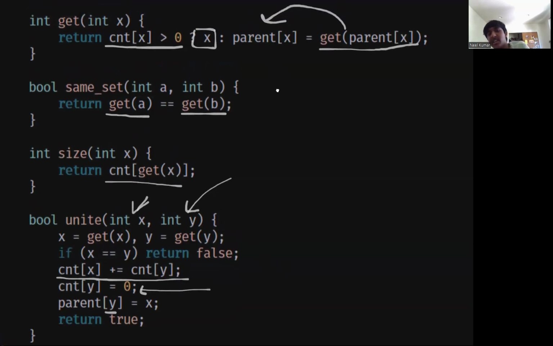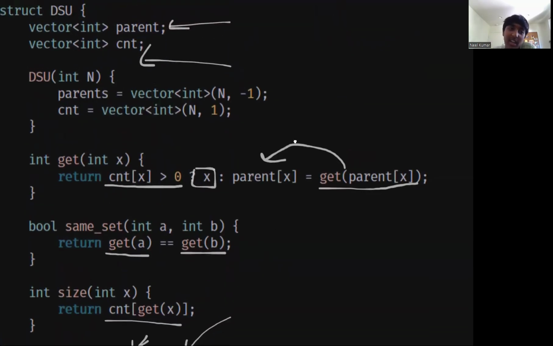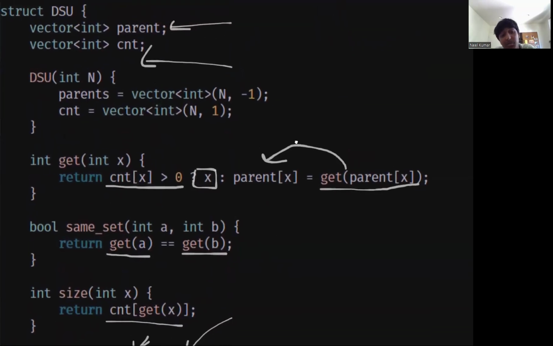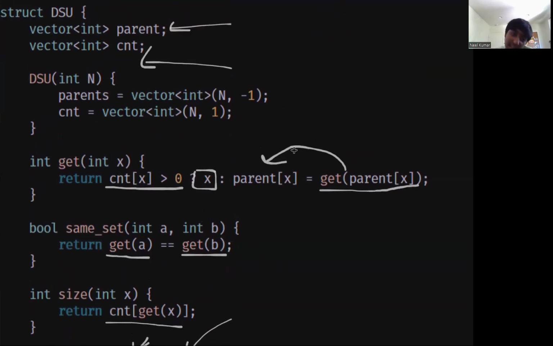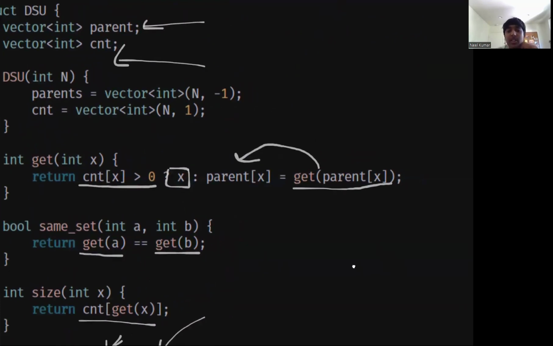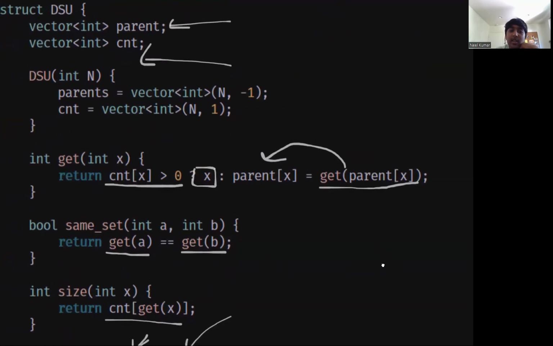So as you can see, this code is very simplistic and easy to implement, but it's very useful in a lot of cases. For example, if you have any problem relating to merging, creating new edges, deleting edges, and querying connections, then this is very useful and very fast.